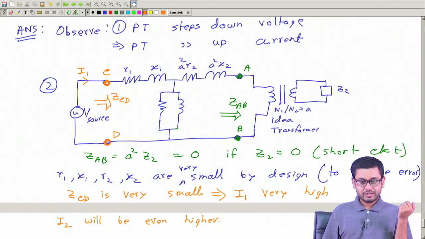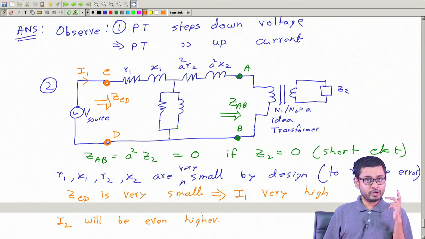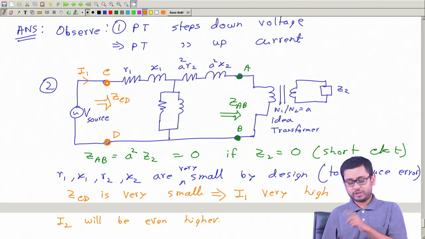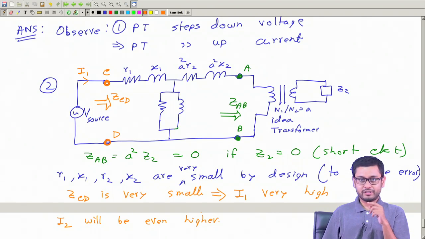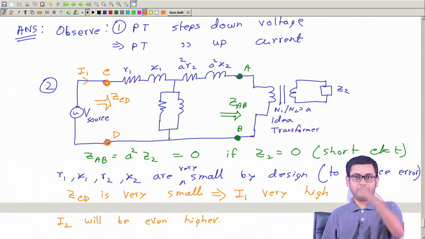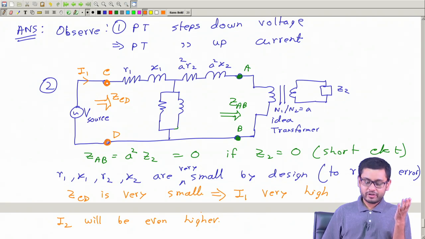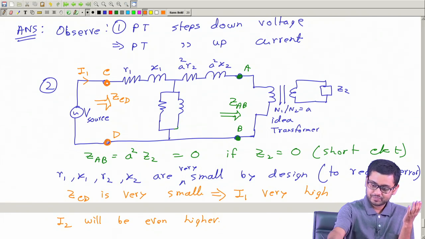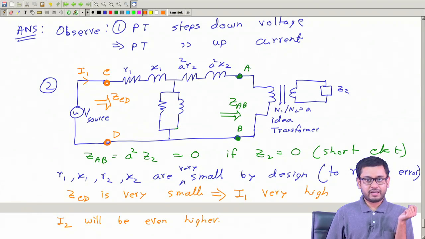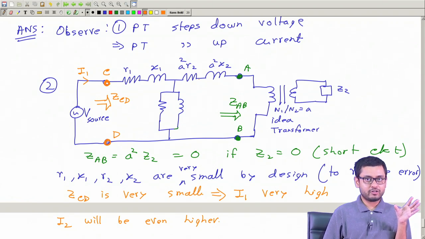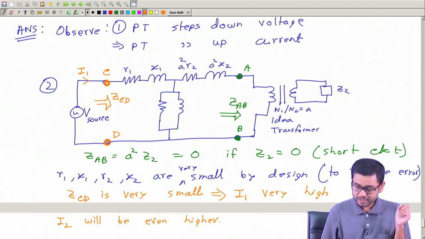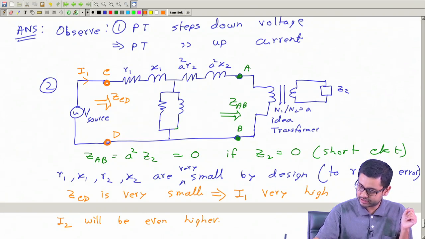So the secondary of a PT should never be short circuited. Why? Firstly, this is a voltage step down, which means current step up transformer, and a PT is by design of very low series impedances. Therefore, it will draw a high current and it can cause dangerous things. So that is the important thing.